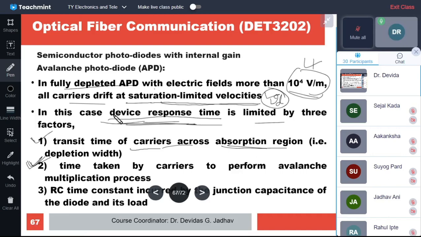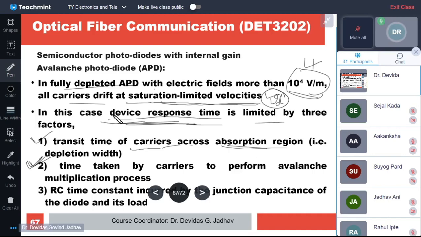In an avalanche photodiode there is an avalanche multiplication process. One charge particle acquires kinetic energy and collides with one more charge particle. These two charge particles share the kinetic energy and collide with two other electrons. These 4 electrons again collide with 8 electrons. This is the avalanche multiplication process, and this requires some time.